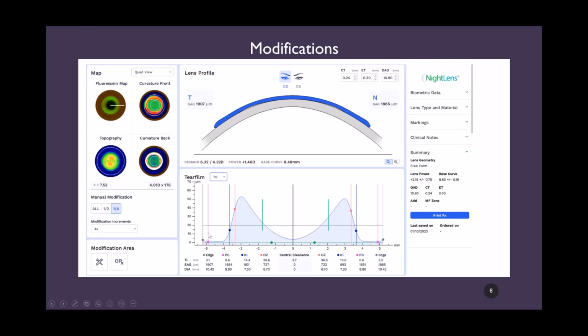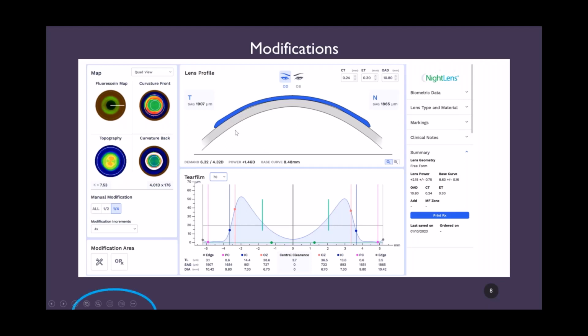This part of the curve is showing you a peripheral power curve of this lens. This part is the alignment zone, and that's the part that's helping guide that lens, telling that lens where to sit on the cornea. You're really trying to match the peripheral regions of the cornea out here to get that centration.